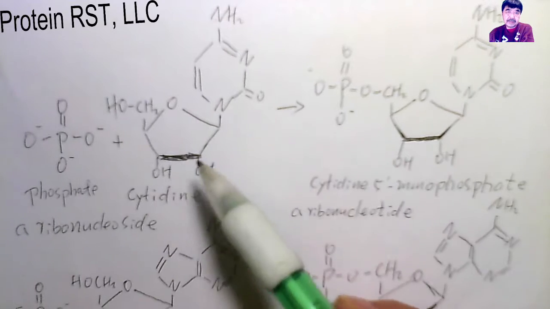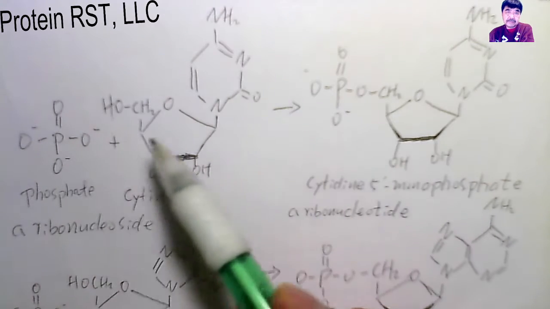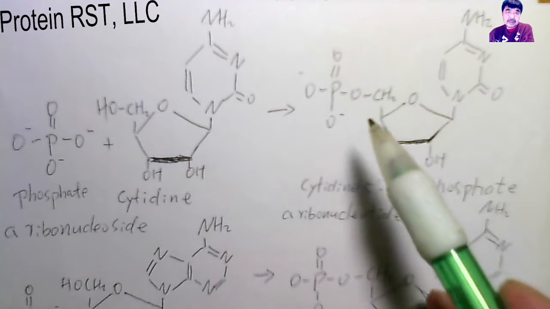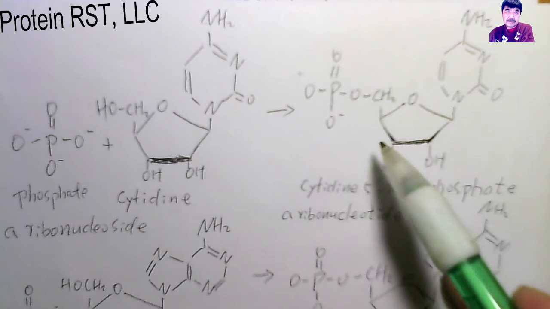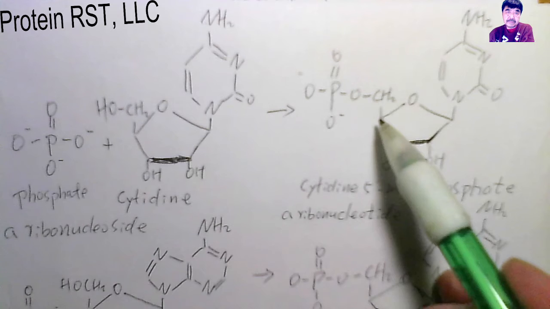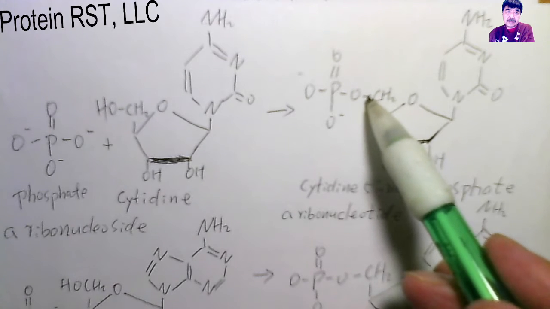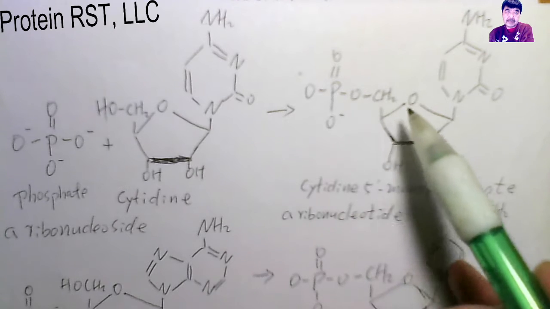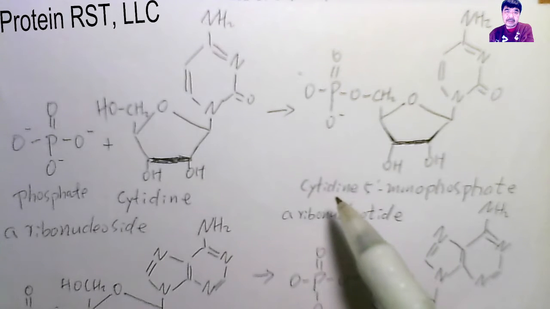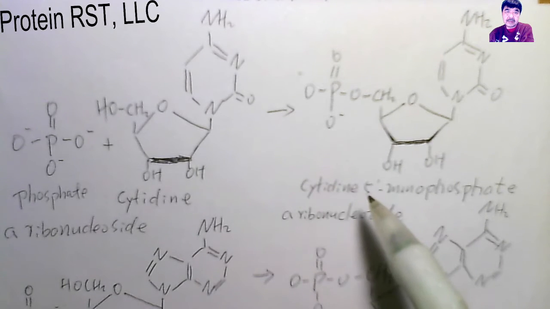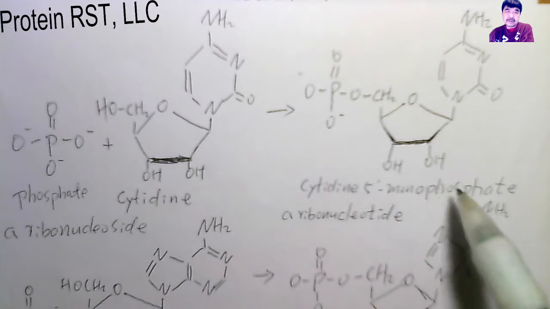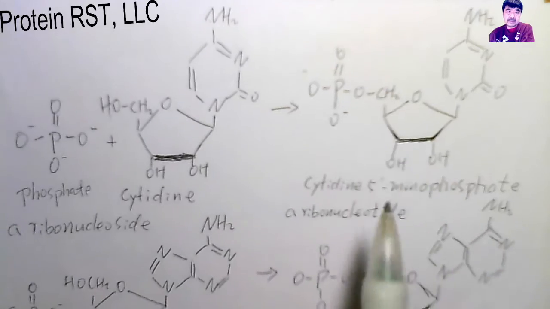They link the phosphate to the C5 position, C5 prime, of the sugar here, and then they form this new compound. They call it cytidine 5' monophosphate. Monophosphate means that there is only one phosphate here.